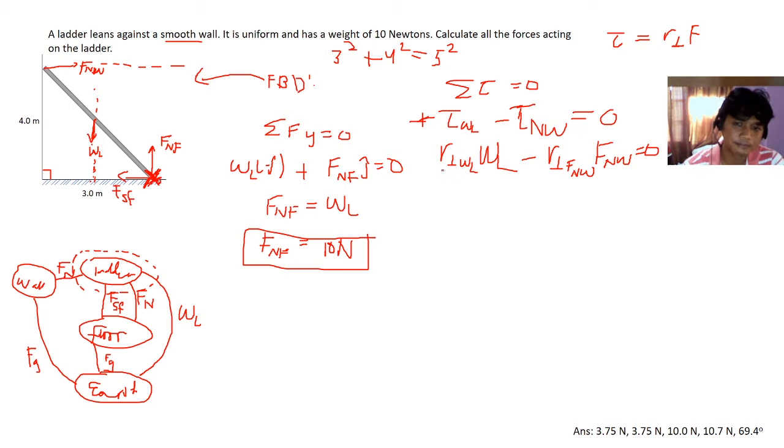The moment arm of W_L is just this side right here. This is the perpendicular distance to the line of action of the force, and that's just 1.5, half of the base of this triangle. So let's do 1.5 meters, and the weight of the ladder is 10 newtons.